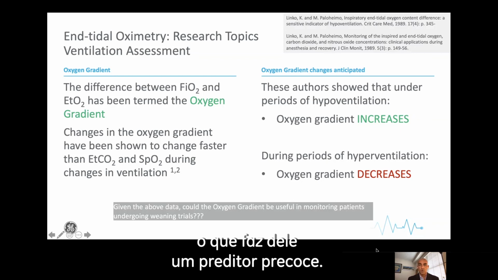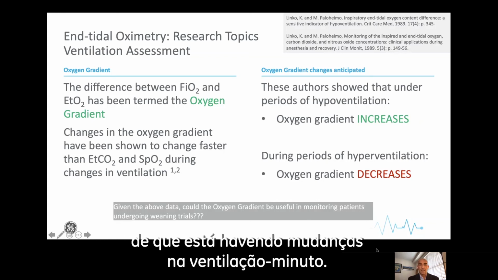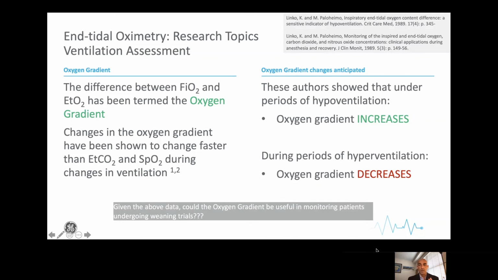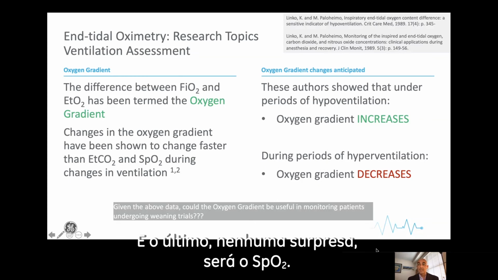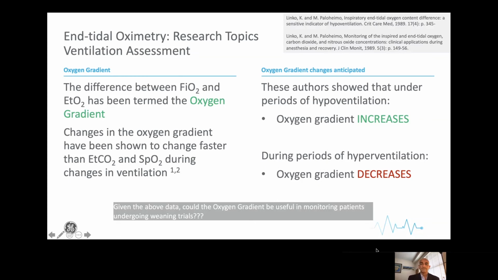So it was a much earlier signal that changes in minute ventilation are occurring. The next one to change and to inform the clinician would be end tidal CO2. And the last one, not surprisingly, would be the SpO2.